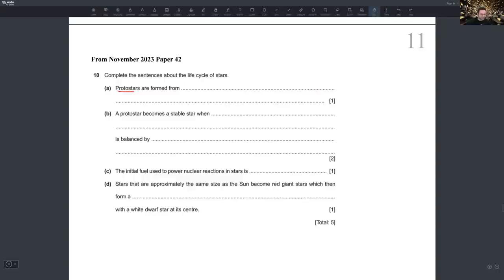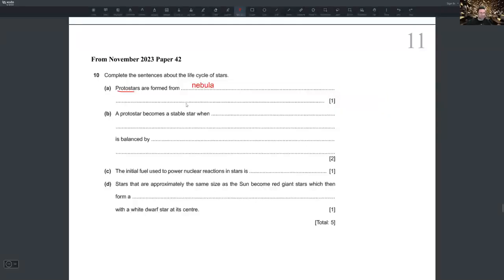Why did he leave all of this space? In case you forgot the word nebula, you could say clouds of dust and gas, but from a nebula.